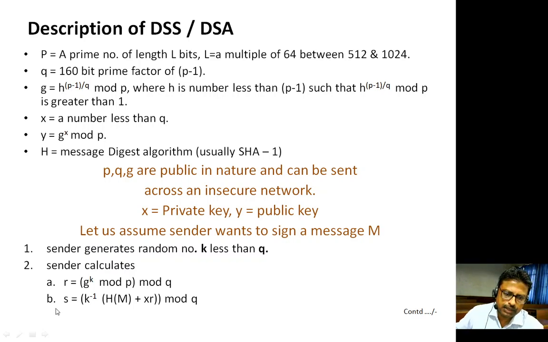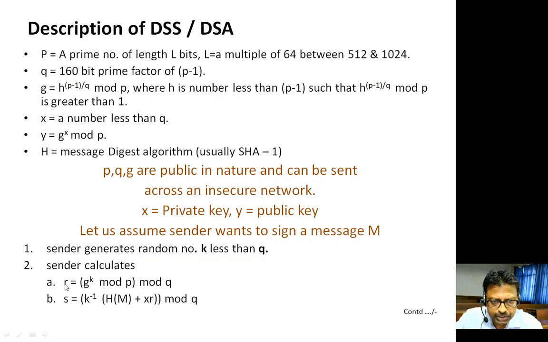Similarly, it calculates the value of s as k inverse multiplied by the hash value plus x, where x is the private key, times r, which has been calculated over here. Then we take mod q.